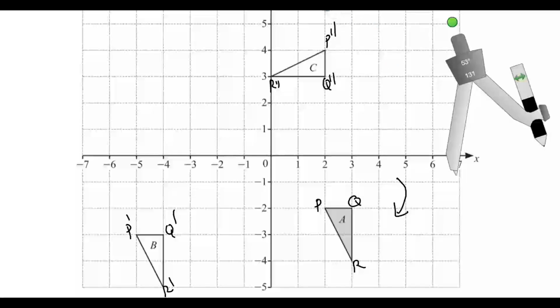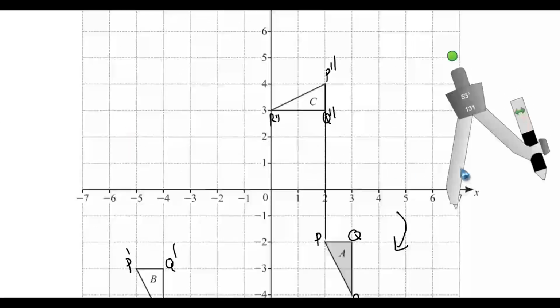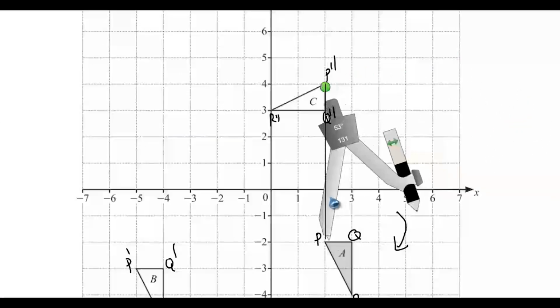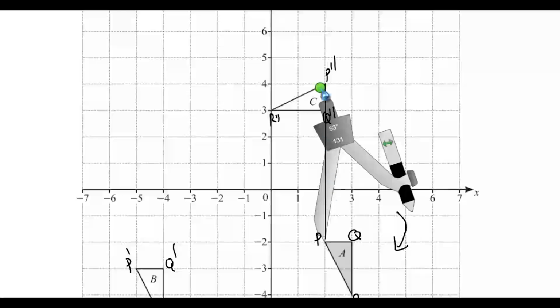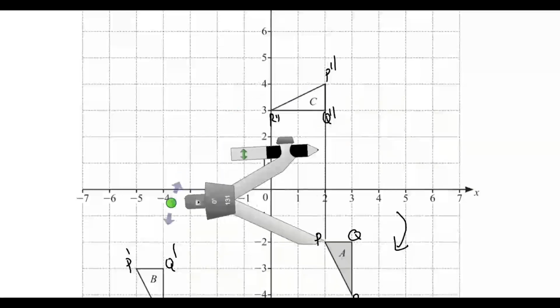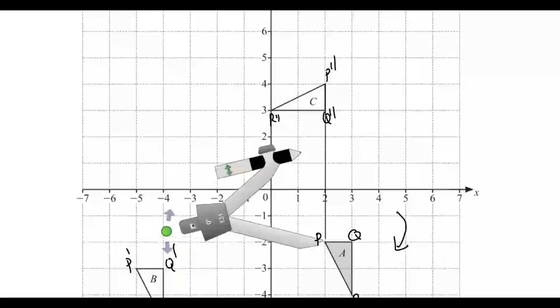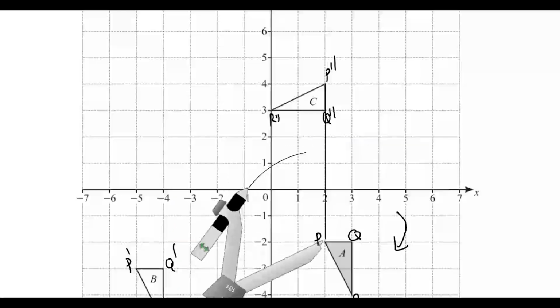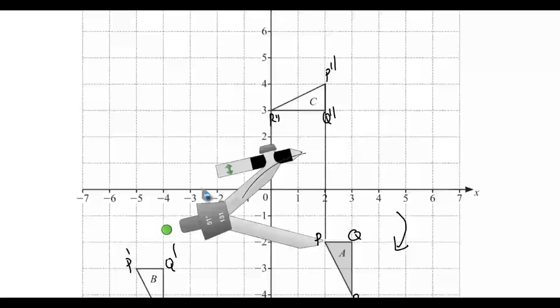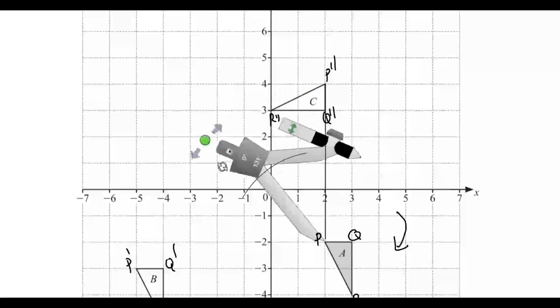So let's start with the center of rotation. You already know how to do that. Let's join P and P prime prime. Then we bisect that line. Pick a pair of compasses, center at P, with a radius that is more than half of the line. Draw an arc like this, then also draw an arc at the other side.